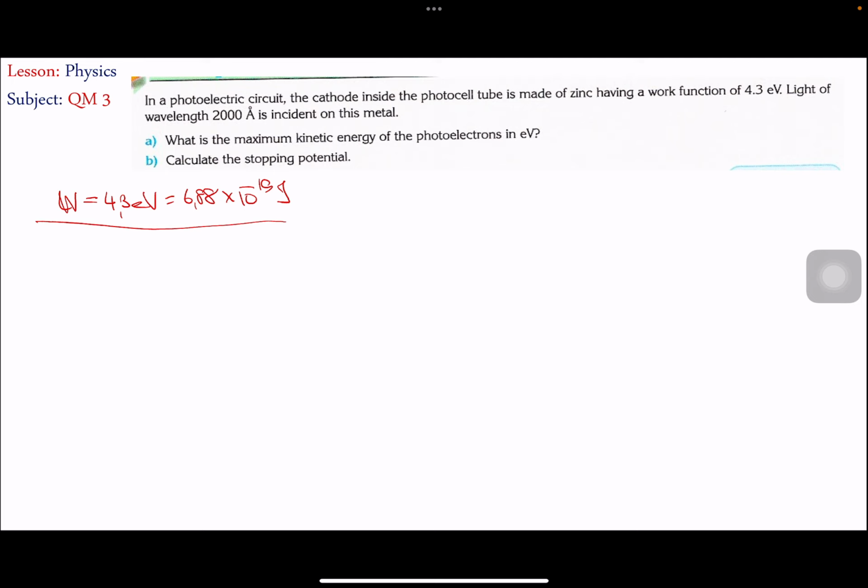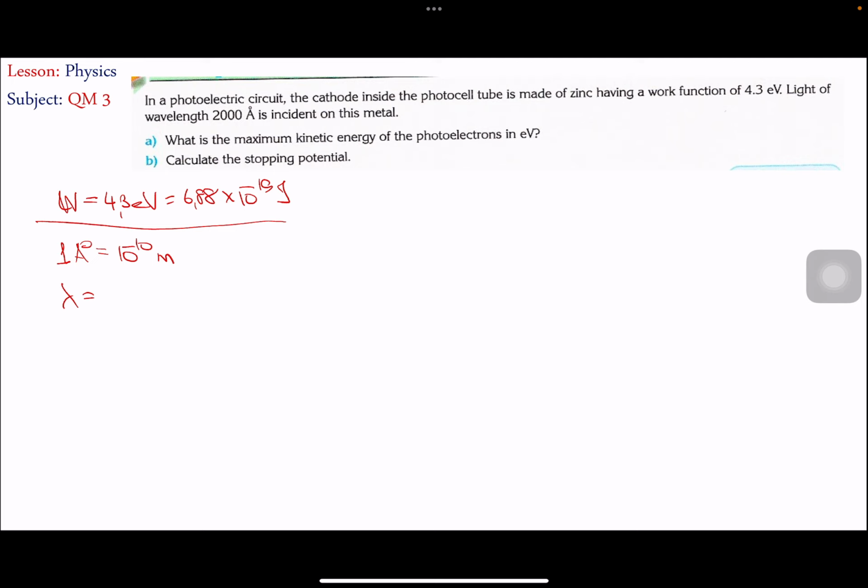And the light of wavelength 2000 angstroms. I know by the way that 1 angstrom is equal to 10 to the power of minus 10 meters. So my 2000 angstroms, the wavelength lambda here, it's not the cutoff wavelength, because I have the kinetic energy. It means that the energy carried by the photon should be greater than the work function.